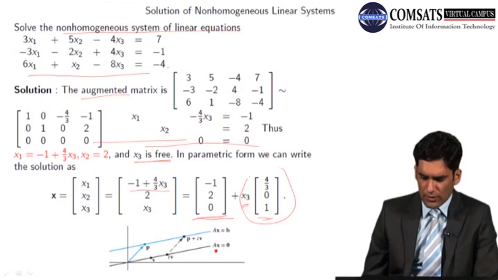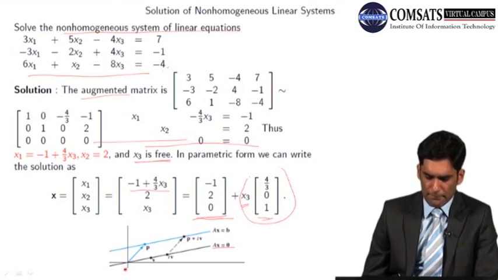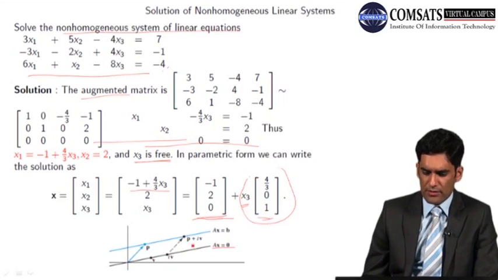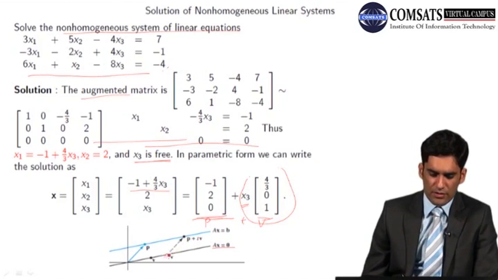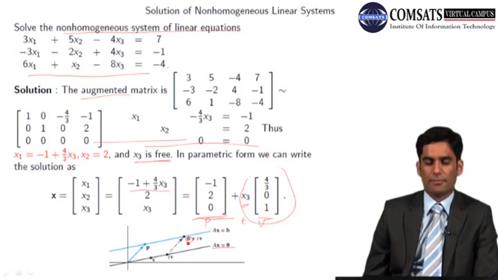Ax equals 0, this is the solution of Ax equals 0, which is this one, and P plus tV, if this is P and this is t, the x3 variable is supposed to be t, and this is V, then P plus tV is just the scale or translation of the solutions of the homogeneous system by adding a vector P.